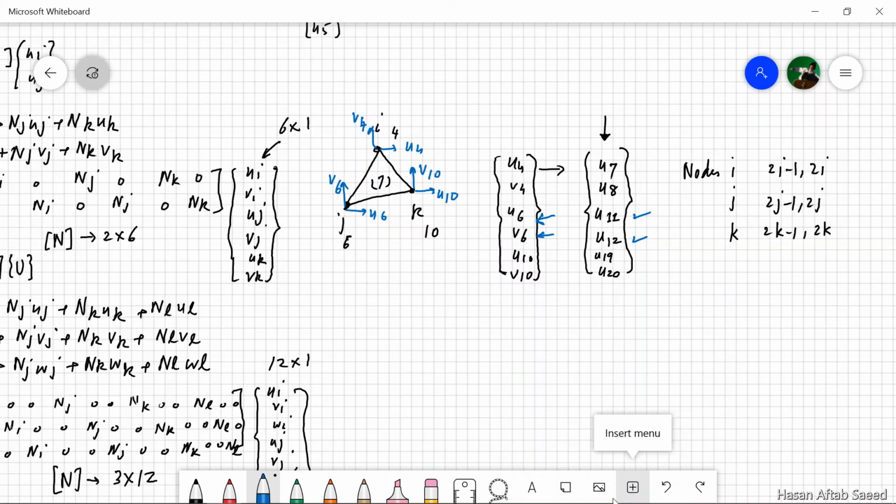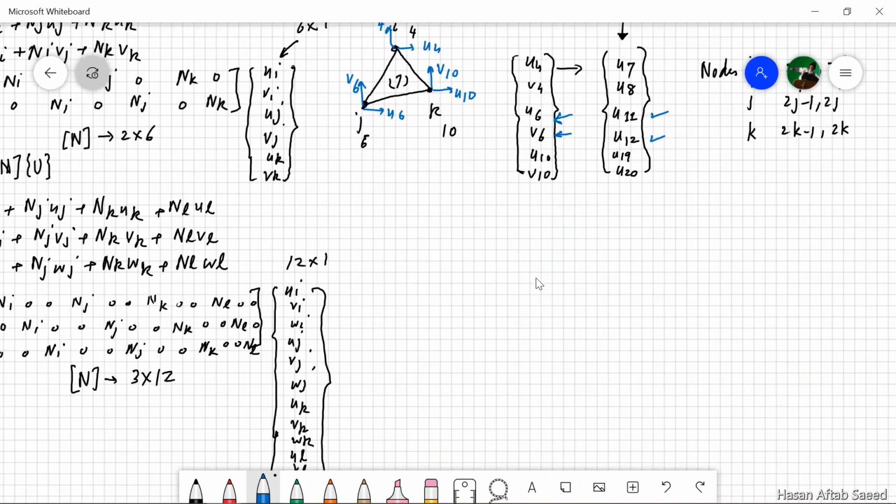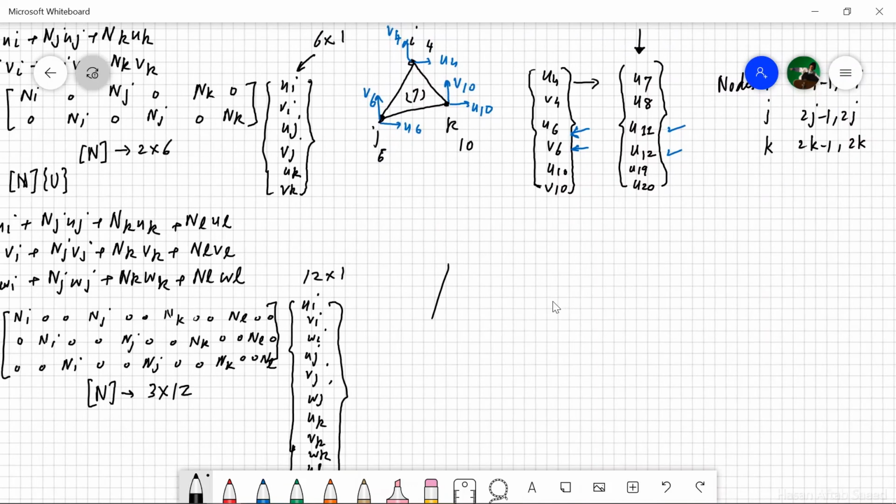Now, when it comes to 3D problems, the situation is similar. For a 3D problem, there are first of all 4 nodes. Every node has 3 degrees of freedom.